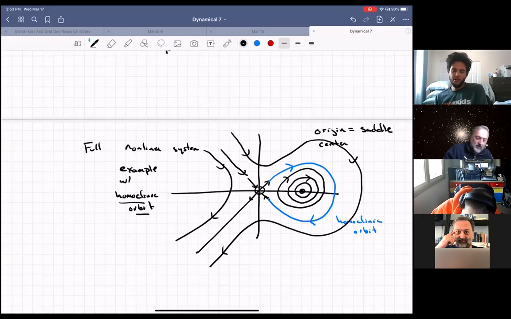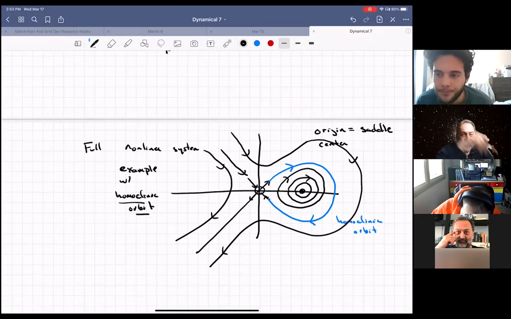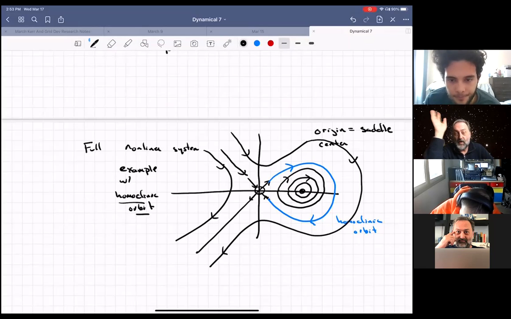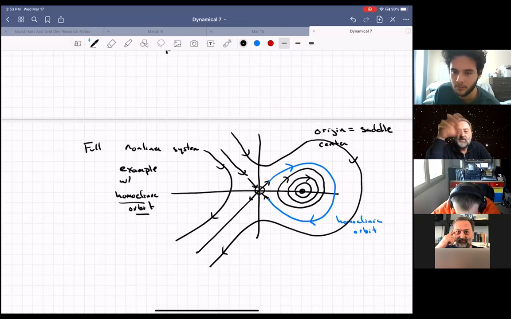So if we were studying a particular nonlinear system, we would see that there was a saddle and a center. Okay, there's two fixed points in the system. One of them is a saddle. That saddle is structurally stable. The homoclinic orbit is actually pretty structurally stable as well. The center is not.